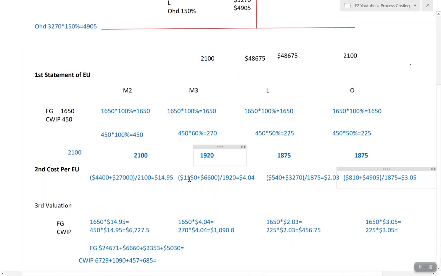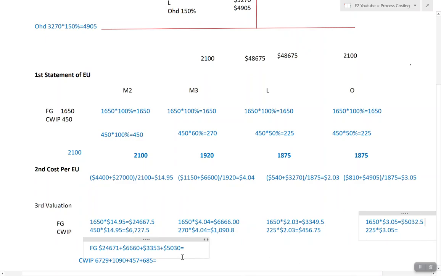Next is valuation. Finished goods is 1,650 units. I'm going to just multiply. We can use that shortcut as well, where we take 1,650 and multiply by these values combined. So let's see. There will be a small difference because of rounding off. So what I've done is rounded off so that it becomes the exact value.